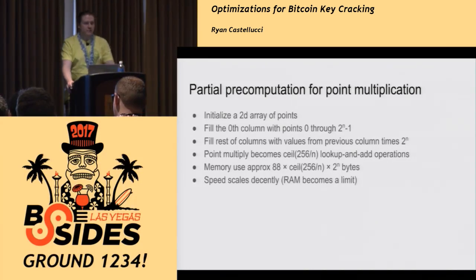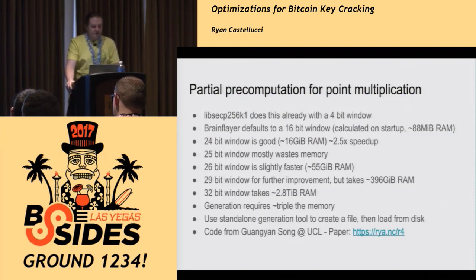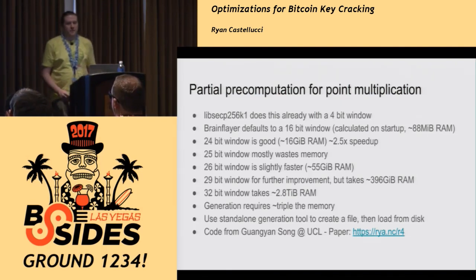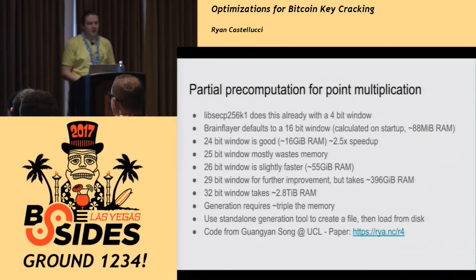Memory usage is about as you would expect. The code I've currently got takes 88 bytes per entry, so that's that. And this is limited in large part by RAM speed rather than CPU speed because you're going to be missing the cache every time. libsecp256k1, which is the elliptic curve library for this curve that was written by a bunch of the Bitcoin people, does this already with a 4-bit window, which is fine.